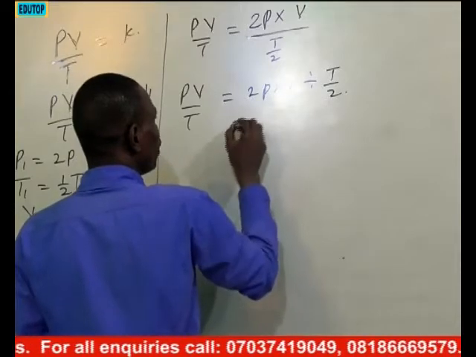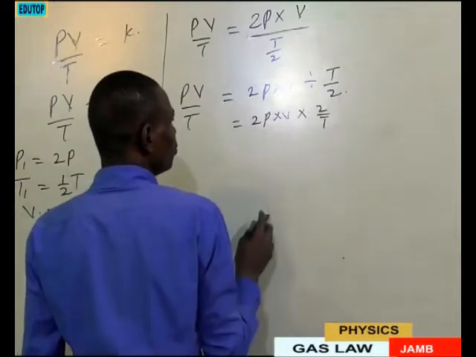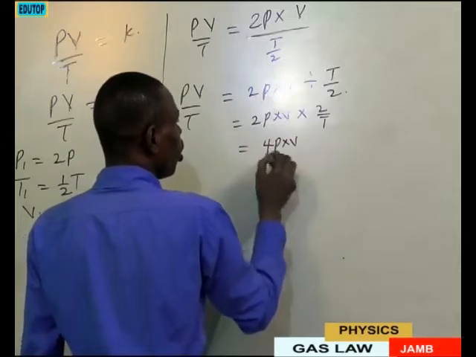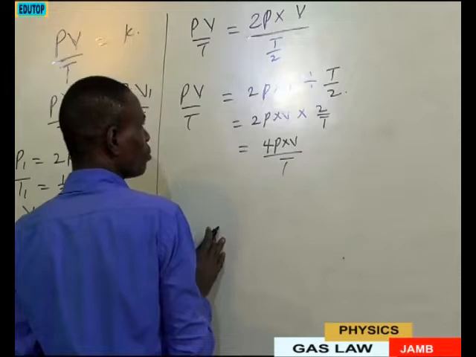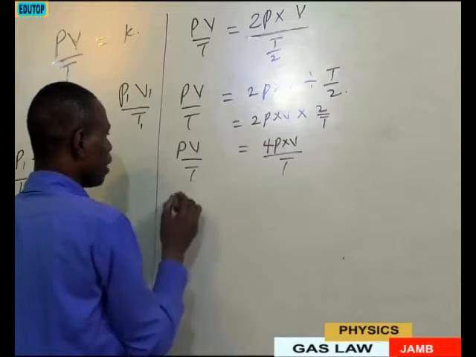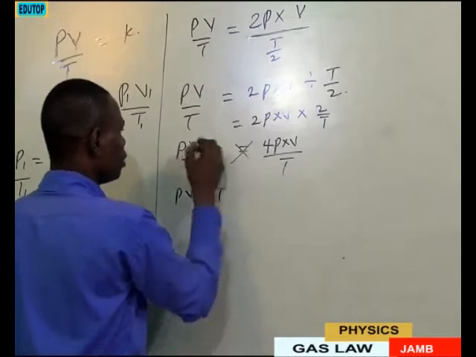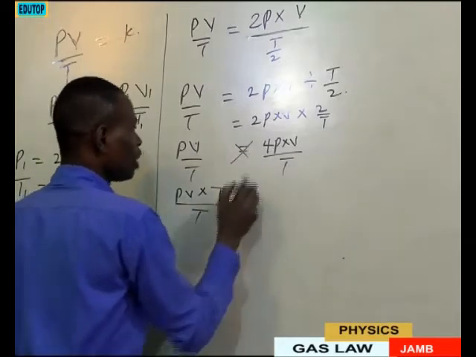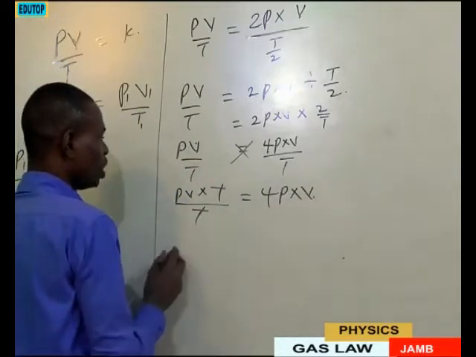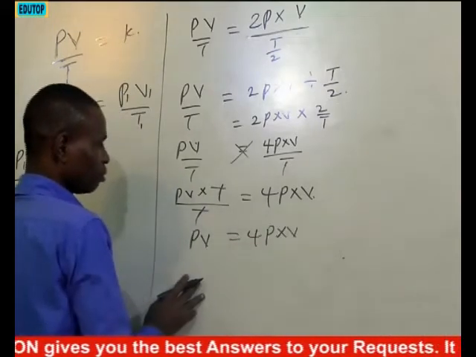Okay? And this will give us 2P times V times 2 over T, which is equal to 2 times 2 will give us 4P times V, all divided by T. We are still having PV over T. Then from there, let's multiply PV times T, everything divided by T. What I'm going to have here is 4P times V. T cancel T, PV is equal to 4P times V.